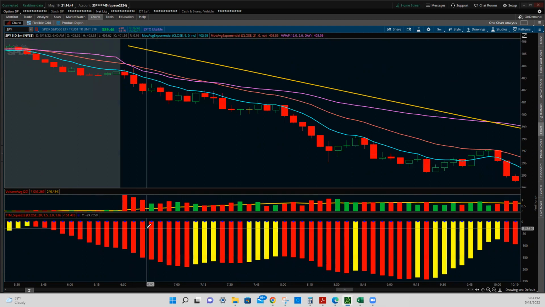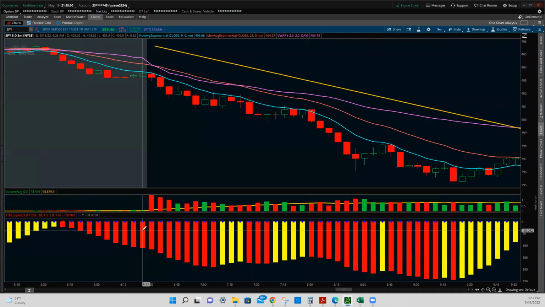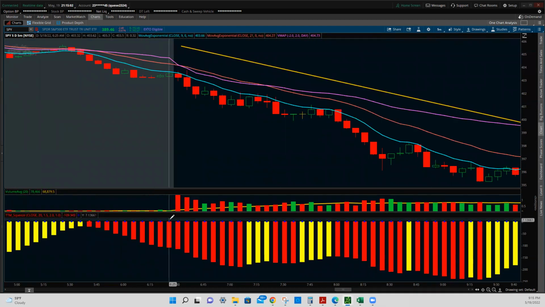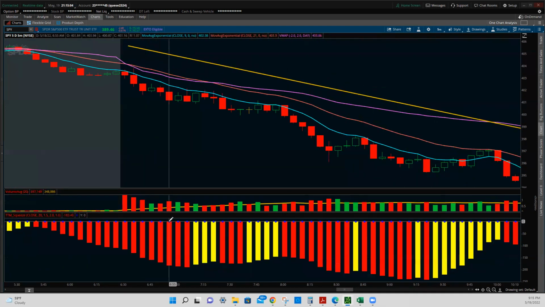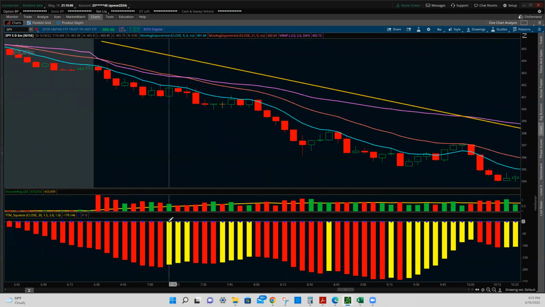You can edit this how you want, but if the dot is a certain color, it indicates that the price is doing a certain thing. And if it changes color, that means something has changed with the behavior of the price. The way I have it set up, if the color of this dot is blue, the stock is trending in a certain direction and it's not consolidating.